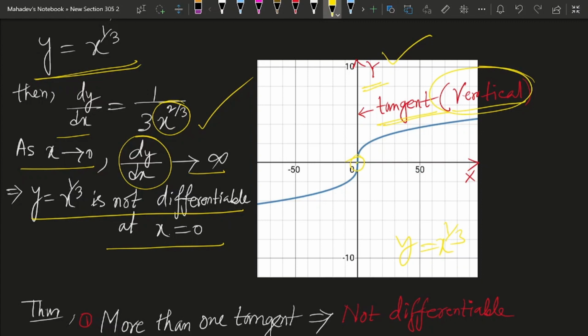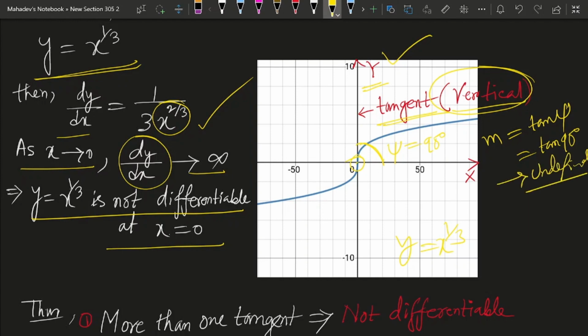What is the angle of inclination of the tangent? The angle psi here is 90. So what is the value of the slope at the point of this tangent? m equals tan psi, right? And psi is 90, and we know that tan 90 is undefined.